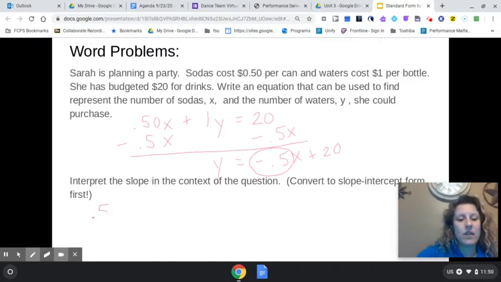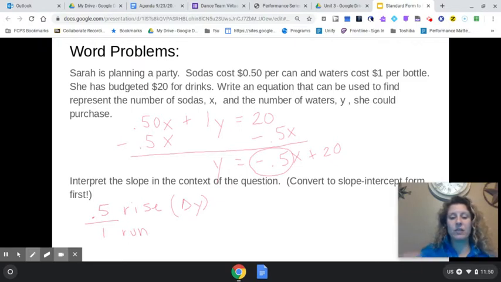So negative 0.5 over 1. Remember, the rise is how much is going up or down in the vertical direction, so change in y. And then the run is talking about how much it is changing from left to right, or the change in x. Let's take a look at what those two variables are representing. Y is representing the number of waters.